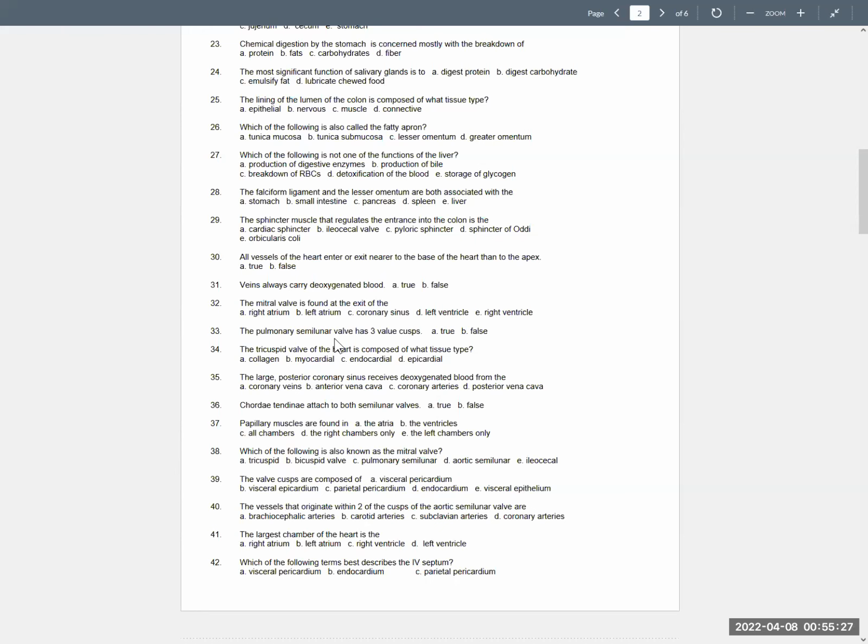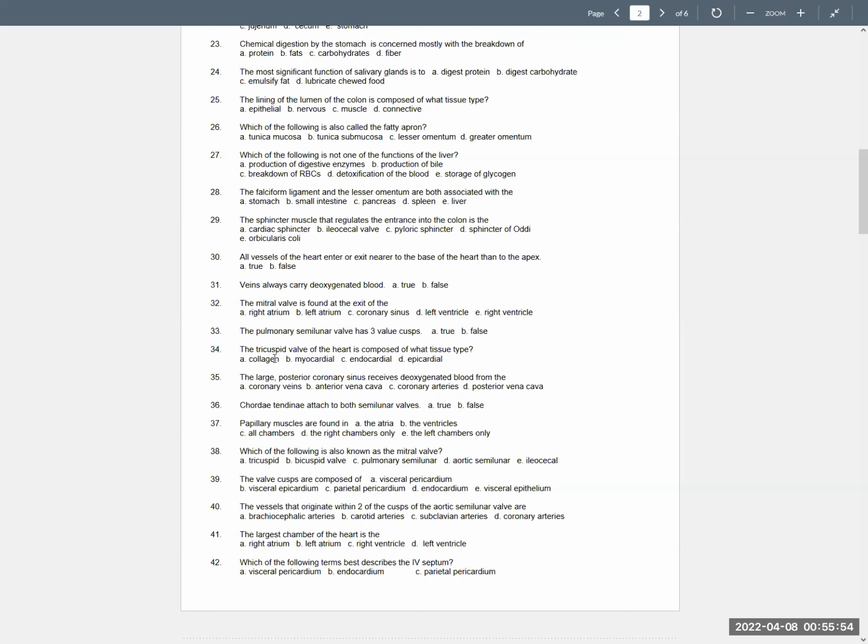The pulmonary semilunar valve has 3 valve cusps. That's true. The aortic semilunar has 3 valve cusps. That's also the case. And the tricuspid has 3 valve cusps. The only one of the 4 that has just 2 is the so-called bicuspid or mitral valve.